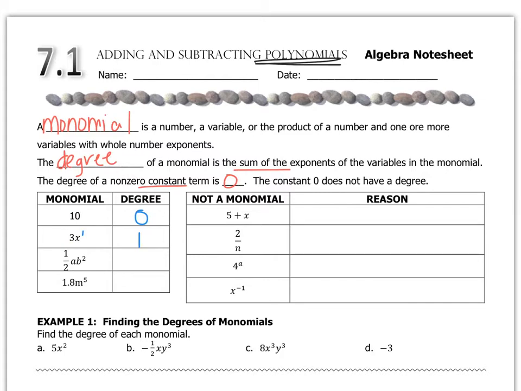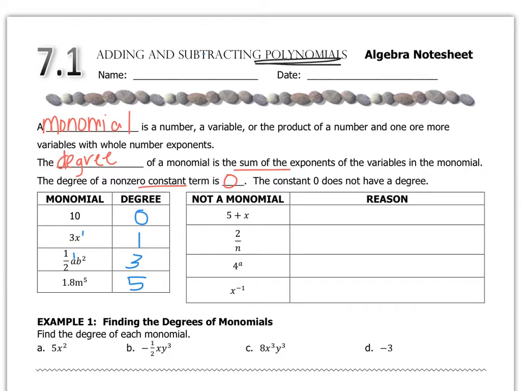But in the next one, there are 2 variables. The a has an exponent of 1, and the b has a 2, so when I add them up, the degree is 3. And this last one just has a degree of 5, because that's all the exponent is. So it has nothing to do with the coefficient, it's all about the power of the exponent.